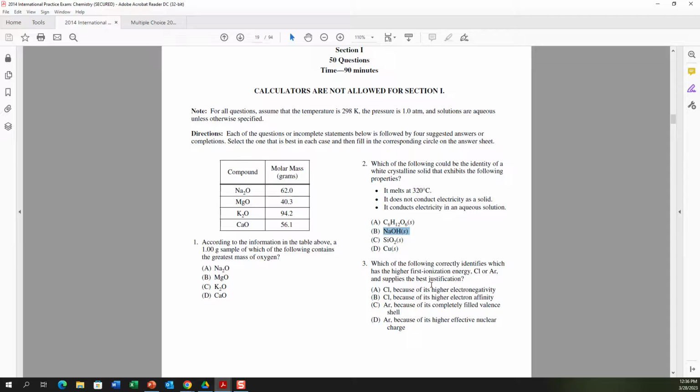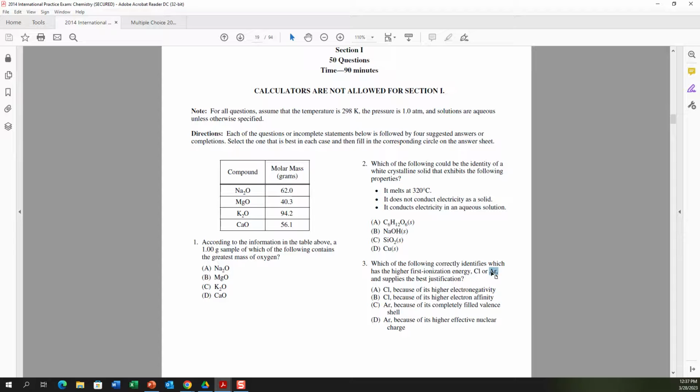All right. Number 3: which of the following correctly identifies which has the higher first ionization energy, chlorine or argon, and supplies the best justification. Remember, we do include the noble gases for the ionization energy trend. If you look at the periodic table, argon is to the right of chlorine, and ionization energy increases going left to right.